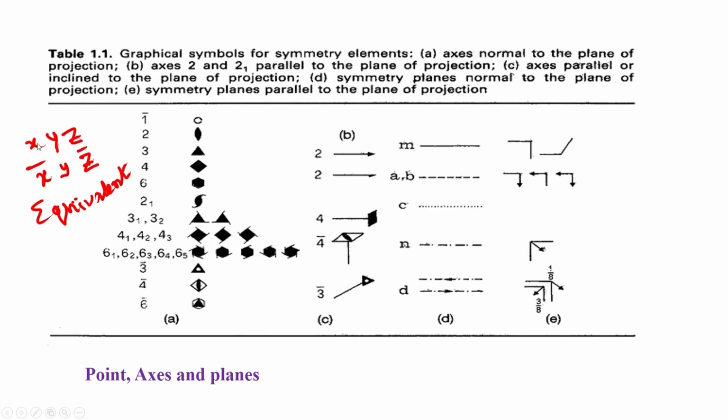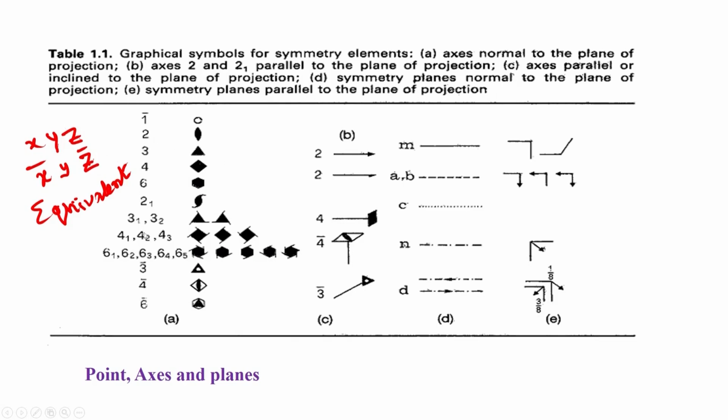Suppose we also have an inversion center associated with it, then the operation will now generate an inversion operation as well. So, effectively what one would leave finally is an operation which is known as a mirror operation. So, in the case of a mirror operation, x y z will go to x minus y and z, and the x minus y z will come back to x y z, and that would be a mirror operation.